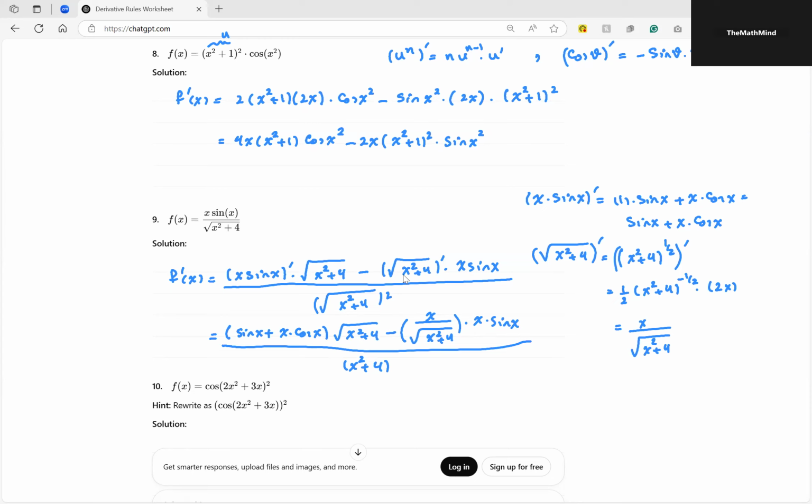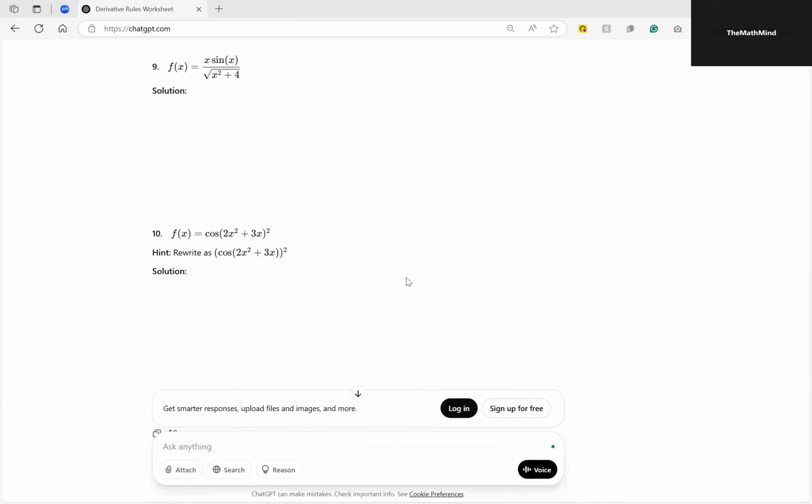Okay, and finally the last question is again cosine u, and here u is (2x squared plus 3x) to the power of 2. And what is the derivative of cosine u? It is negative sine u times u prime.